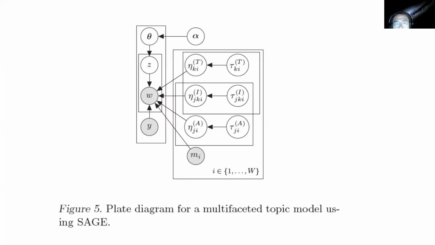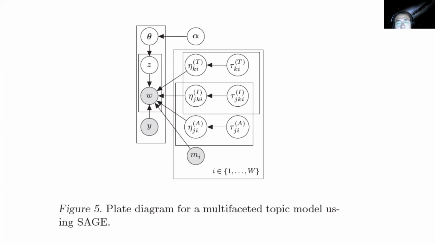W is based on the background log frequency and the log sparse deviation in terms of log frequency for the component here, with superscript A, which means the aspect, the latent variable which is not a topic, and the first eta with superscript T is the latent variable accounting for the topic, okay?